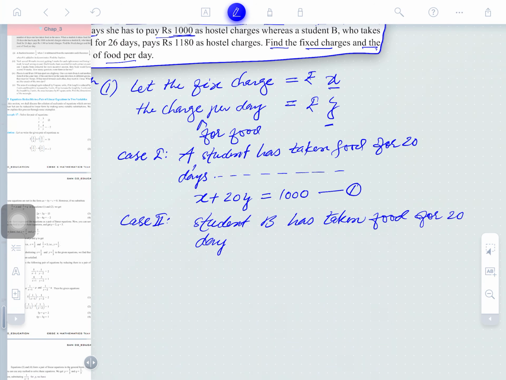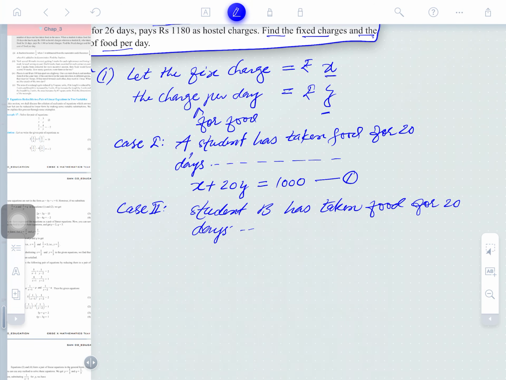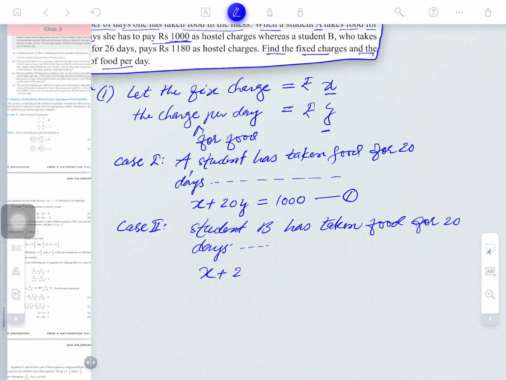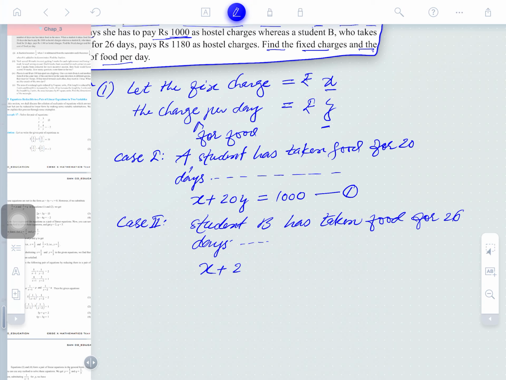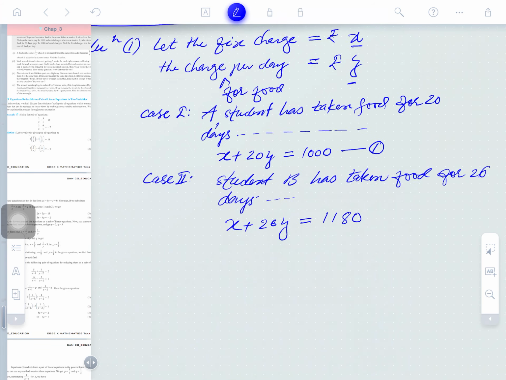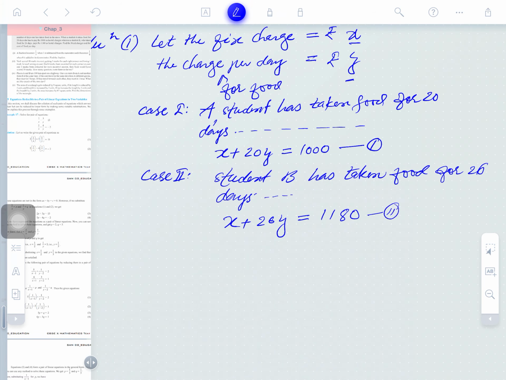Food for 20 days, that is further to be written here. What can be written is the fixed charge x he has to pay, plus how many days? 26 days. It's 26, not 20. 26y is equal to how much has she paid? 1180. This is the second condition we have achieved. Clear?